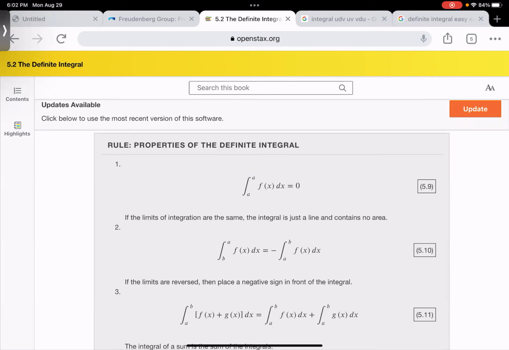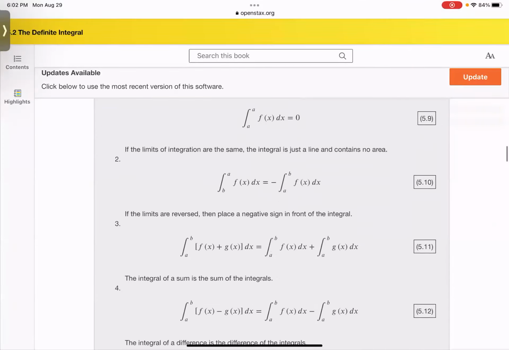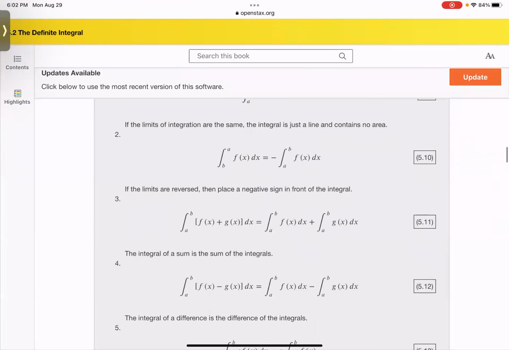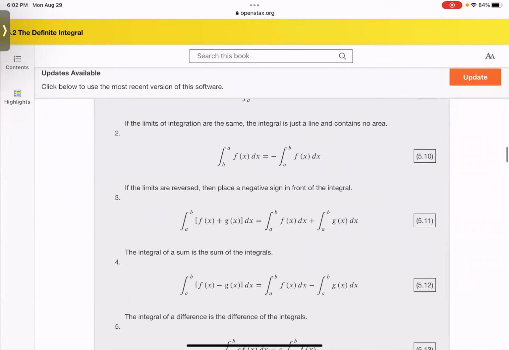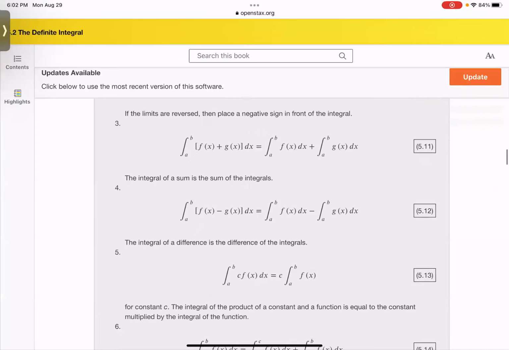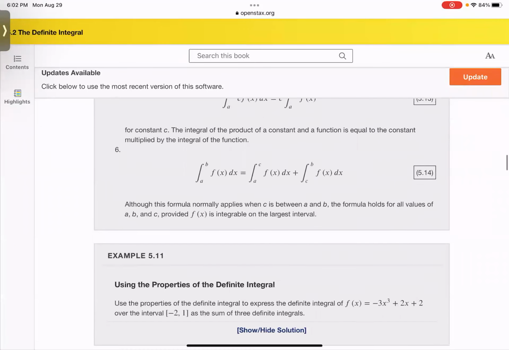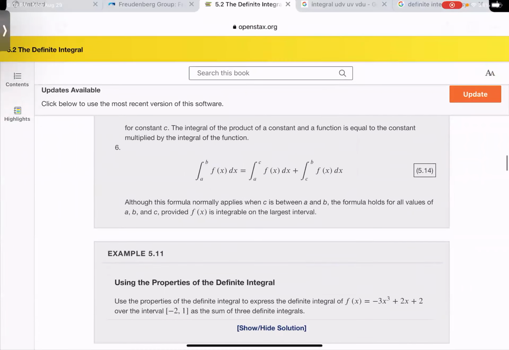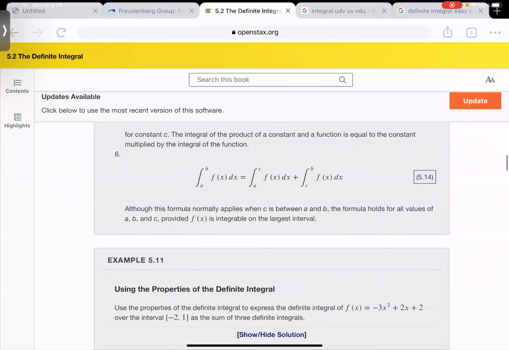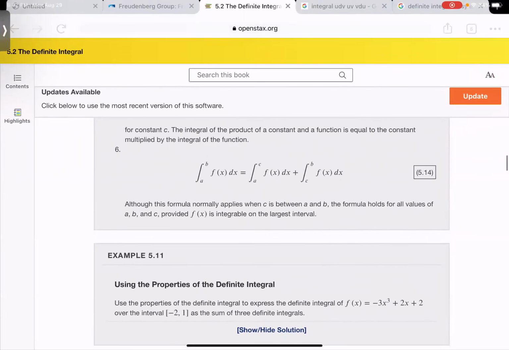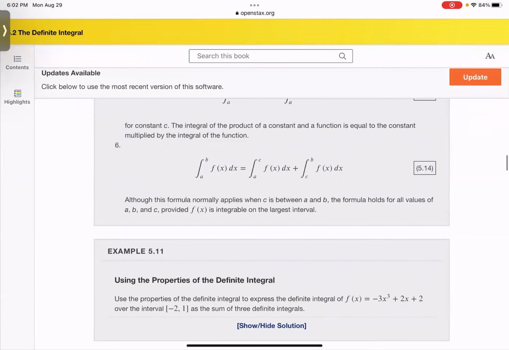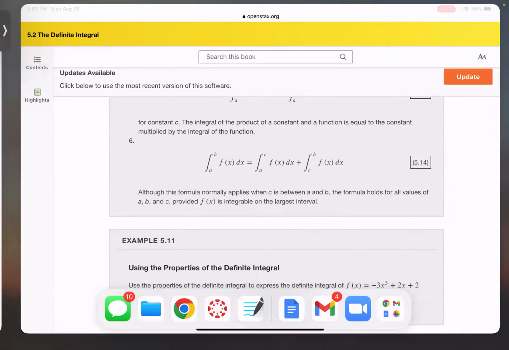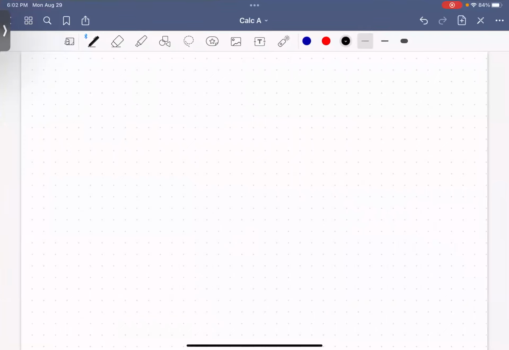So we're going to take a look at this, and then I'm going to give you some problems that we're going to go over together. Okay? So cool. Let's go on here.